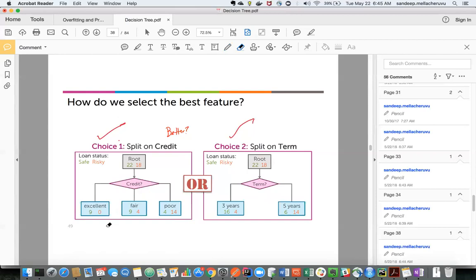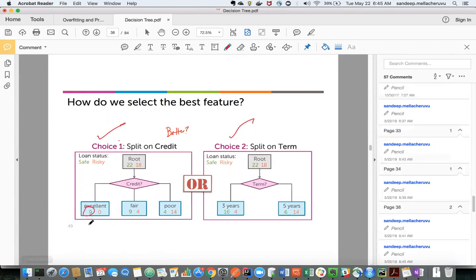So on credit, you have excellent as 9,0, which means all the 9 are safe loans, 0 are risky loans, which is a good node. It's a pure node. And here it is saying 9,4 and 4,14. So two impure nodes and one pure node.